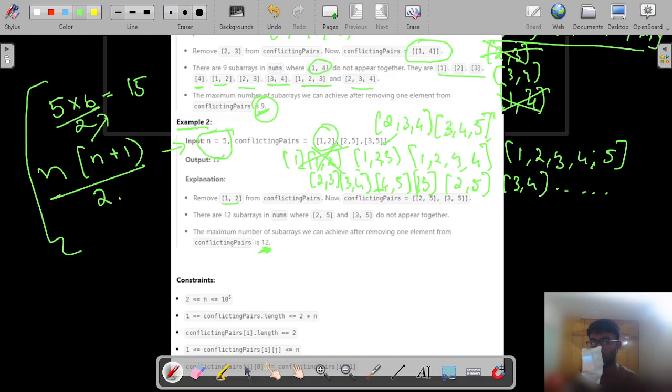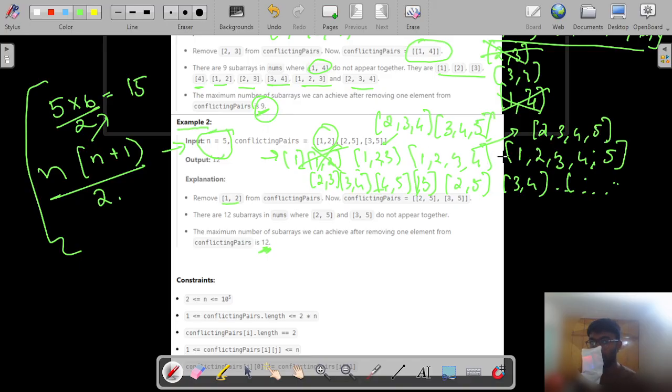These are all the possible ones. If we count all the possible subarrays, 8 plus 3 is 11, 11 plus 2, so there might be other two that we can form here. I hope you get the picture of what we are expecting. So 2 3 4 5, this is another one.